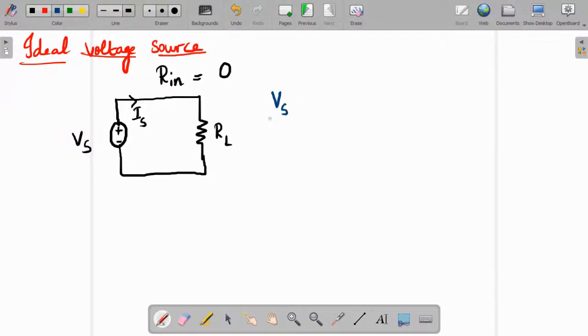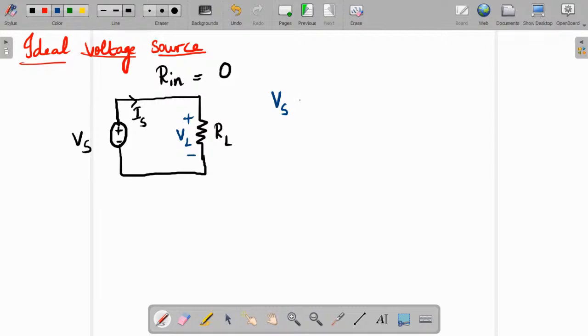Vs, this is plus minus. Resistance is always a passive element, so current will enter through the positive and leave from the negative terminal, right? So let this potential be VL. Potential drop against the resistor is VL.